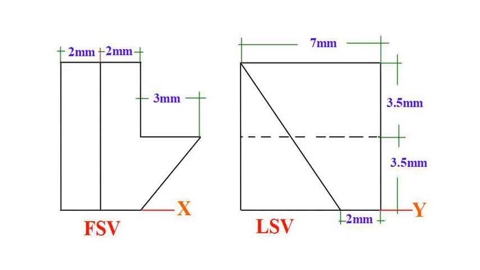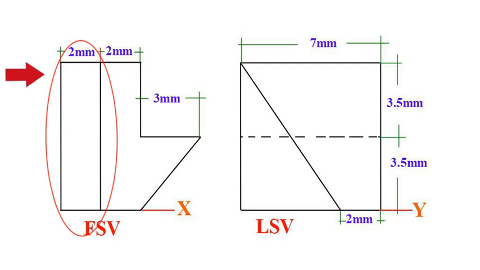Additionally, there is an inclined line that begins 2 millimeters from one corner of the 7 mm by 7 mm square and extends to connect with the upper corner. This inclined line suggests the presence of a sloped surface or an inclined plane, further enhancing the complexity of the object's design.